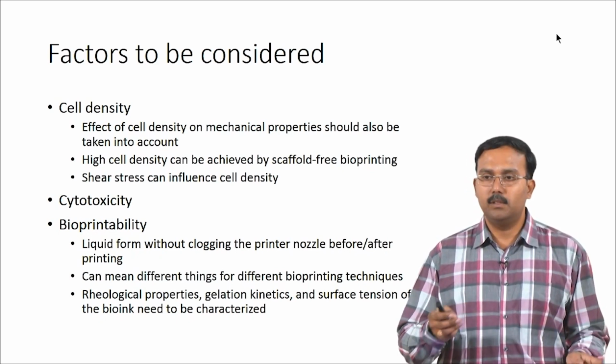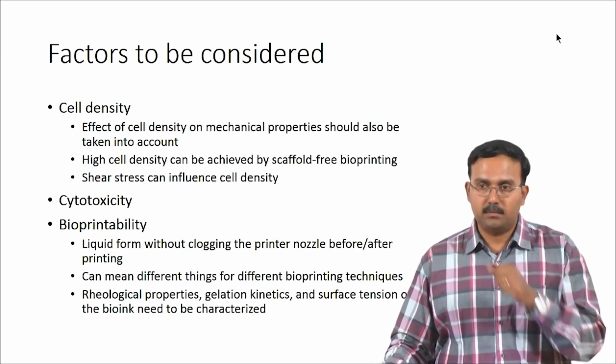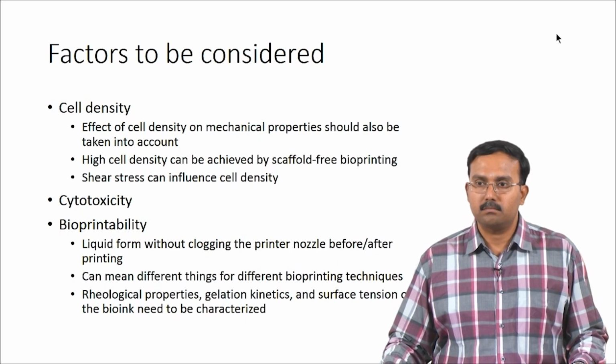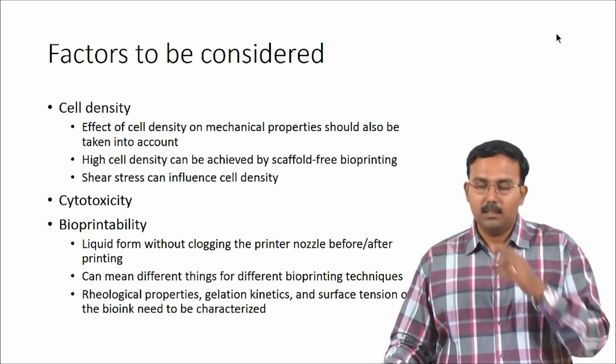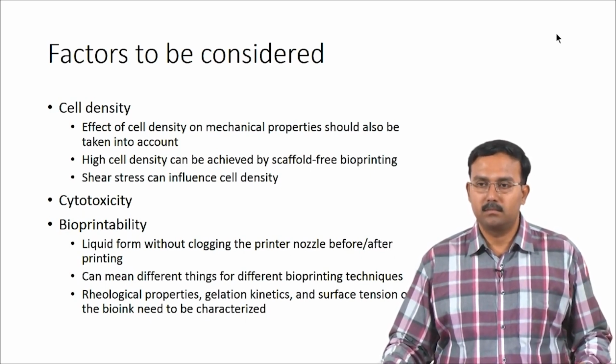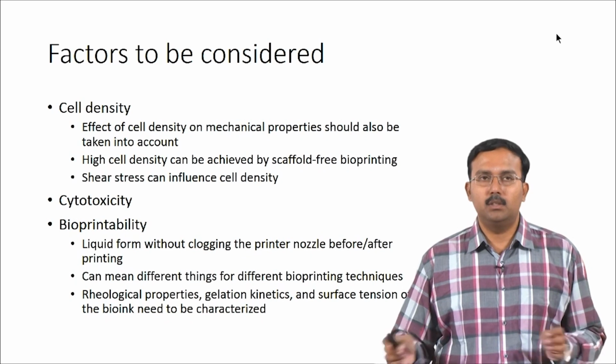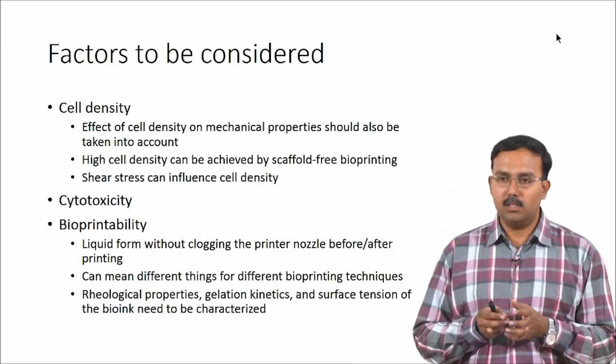You have a question? Yeah, regarding the printer nozzle, is it possible to engineer the nozzle instead of just the liquid, maybe pick a material or maybe the shape so that it doesn't stick? Because it will be at a small scale, so it will be dealing with those kinds of properties. Yeah, you can design nozzles in different ways.